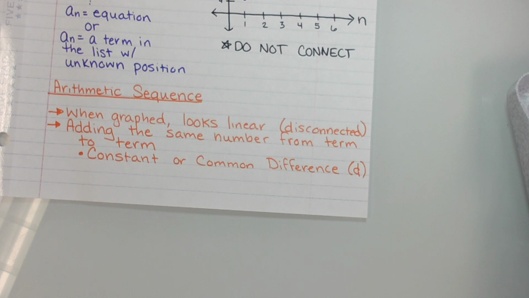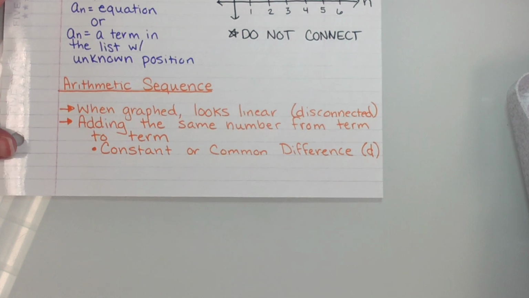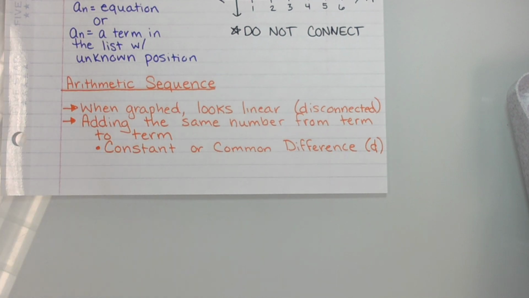Now there's one little caveat I need to add before I go back to my warm-up sheet and look at those patterns a little bit closer. It's that pattern that makes it arithmetic, adding the same number to every term. The other option is technically subtracting the same number every time.